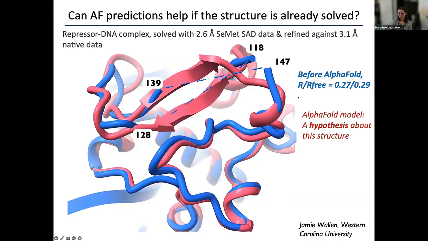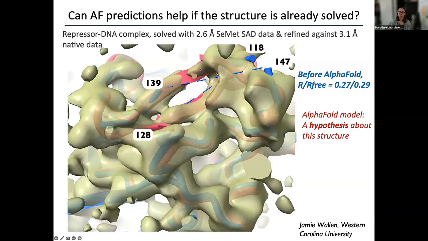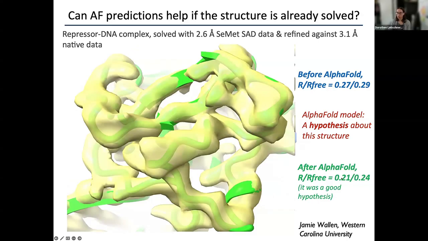So why don't we use this prediction as a hypothesis? If we overlay this again to the density, that looks actually not too bad. What was throwing us off maybe was that the residues here didn't point in the direction where the main chain would actually go. They're pointing here as if they're going somewhere into the void. So if we include this better sheet in the structure, R and R-free drop, so get better, because here we are in crystallography, to 21 and 24%.